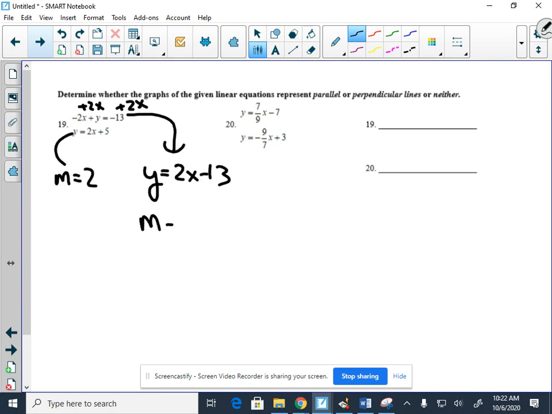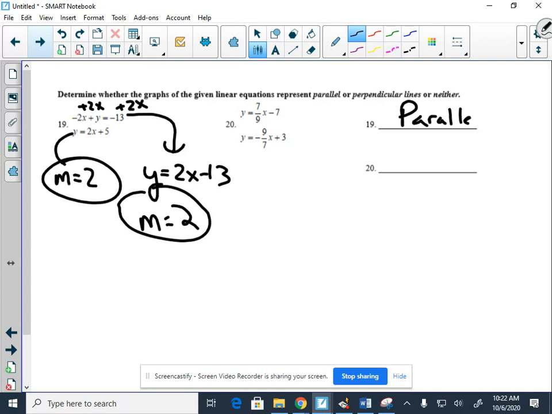So if they have the same slope, these two lines are parallel. Okay? These, look at the slopes. One is 7/9, one is 9/7. One is positive, one is negative, so they are perpendicular. Okay? They're opposite reciprocals.